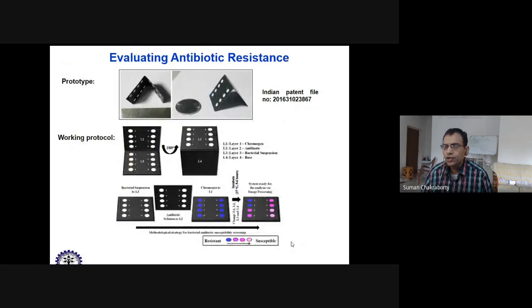Going further from the very routine blood glucose or hemoglobin tests, we could also advance the paper microfluidics technology for assessing antibiotic resistance. There are many diseases for which antibiotic treatment is required to save the life and to arrest the infection.